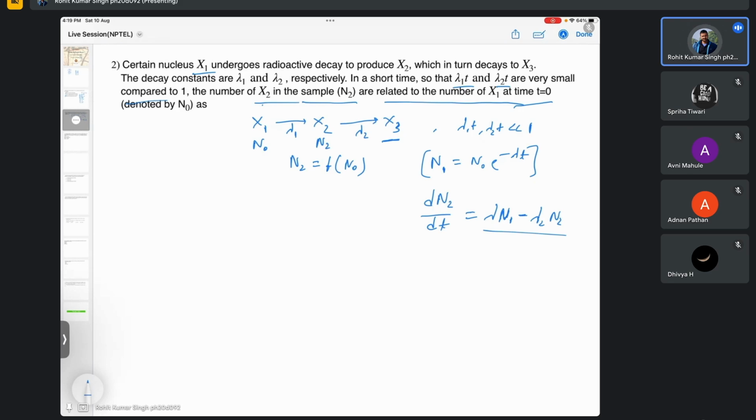So for the decay we have this term, and because X2 is constantly getting produced from X1, due to that we have the other term. So you should understand why there are two terms here.